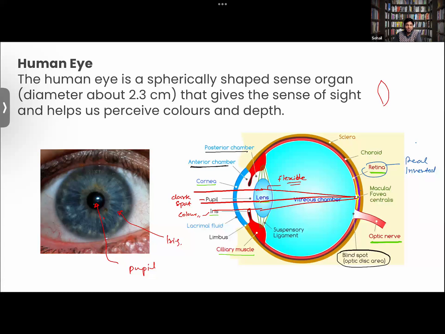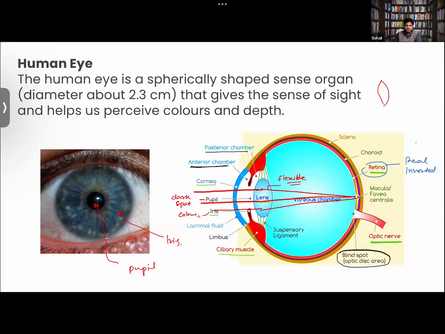It is holding the lens in position. Right now, Arham, you tell me that the curvature of the lens can change, meaning that the shape of the lens can change by the action of the ciliary muscles.